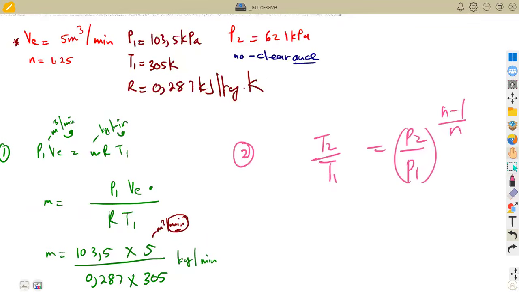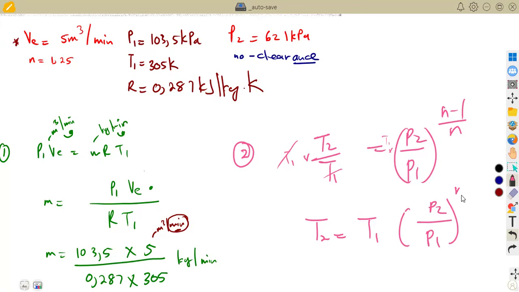So we can calculate T2 if we just multiply this side by T1, this will cancel. Therefore, T2 is equal to T1 into P2 over P1 to the exponent of (n minus 1) over n. That's your T2. So T2 is found by this.